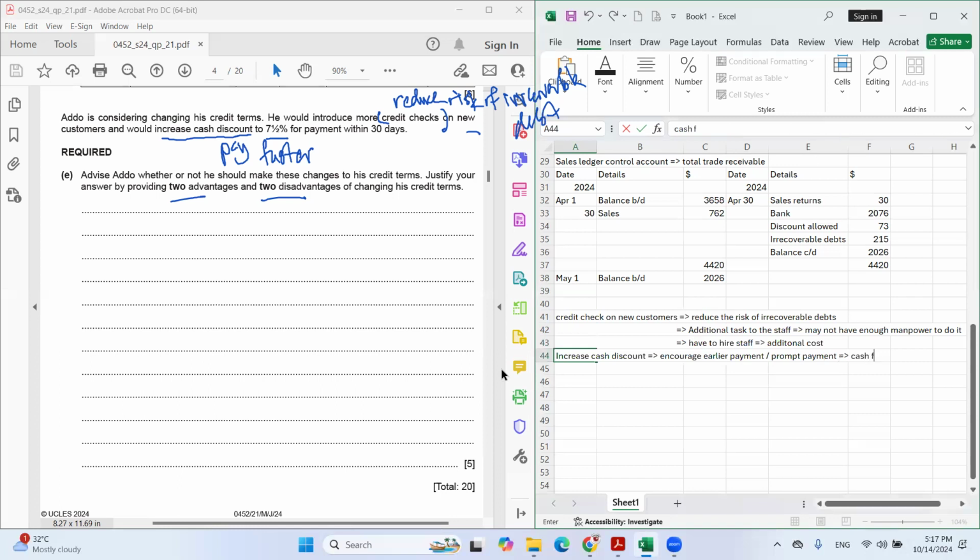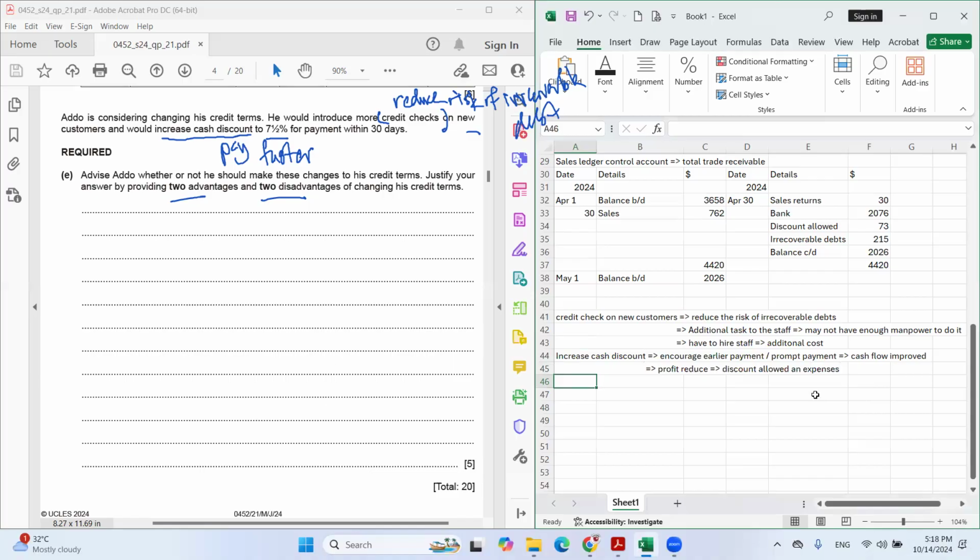Cash flow improves. So this is a good thing about it. But the disadvantage is that your profit reduces. Why can it be reduced? Because the cash discount, this one is a discount allowed. It's an expense. So this will reduce the profit.